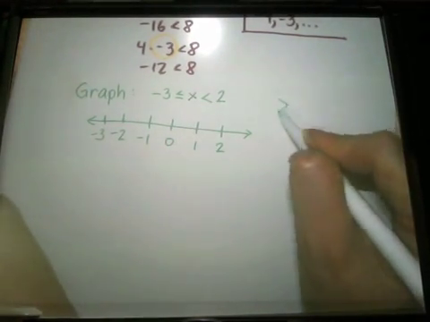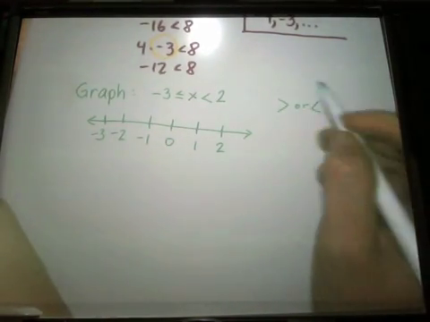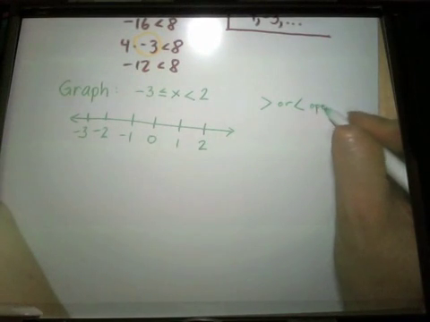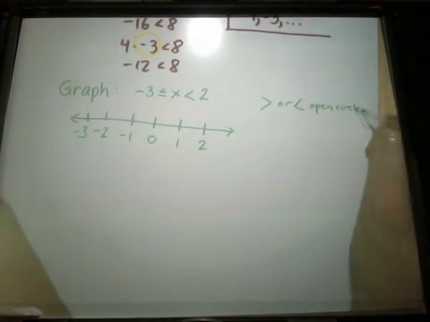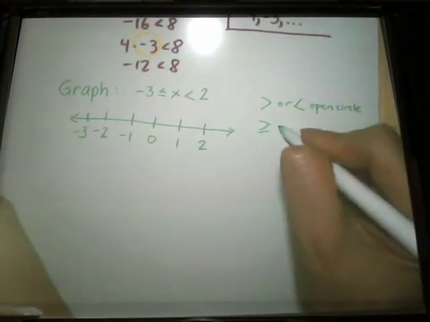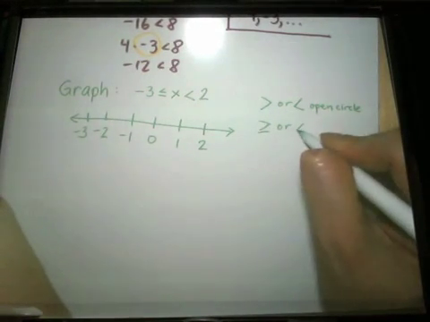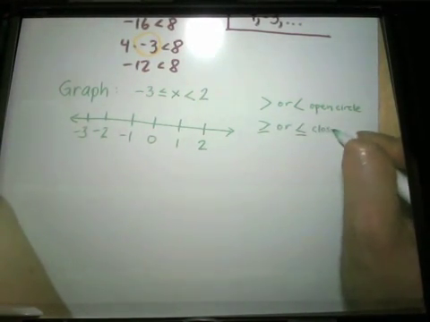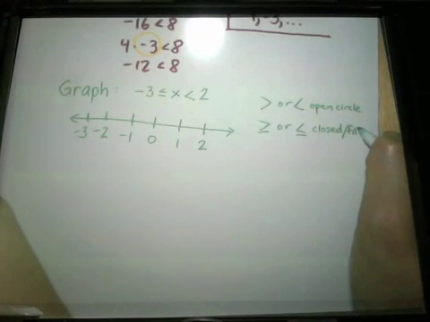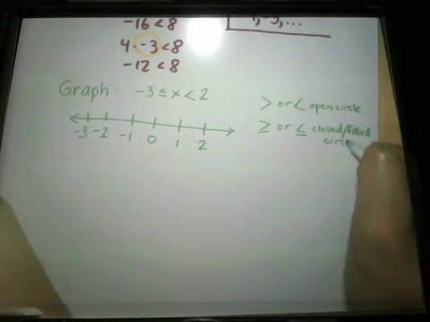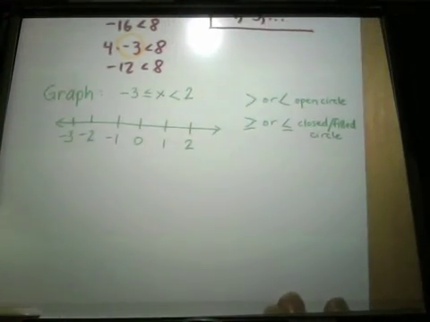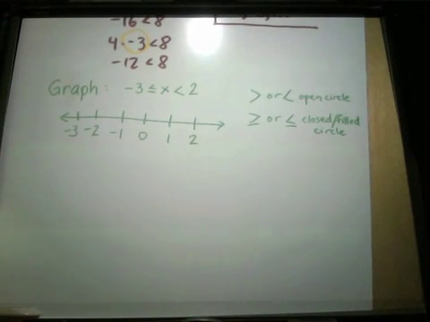If we have greater than or less than, we do an open circle. Greater than or equal to or less than or equal to, a closed circle, or if you want to consider it a filled circle. Remember that the open circle means we're not including that number. If we fill in the circle, we say including this number.